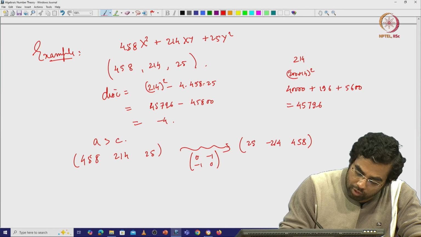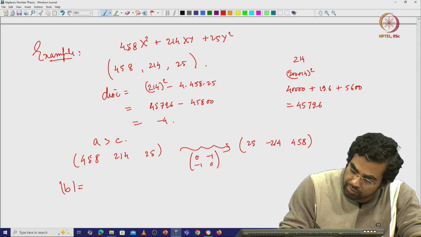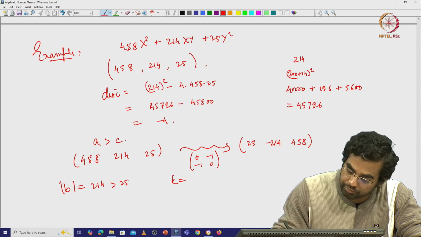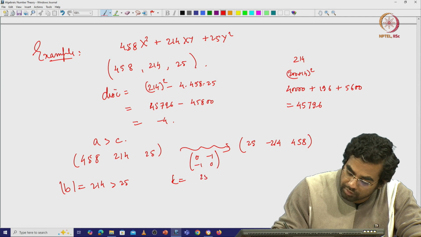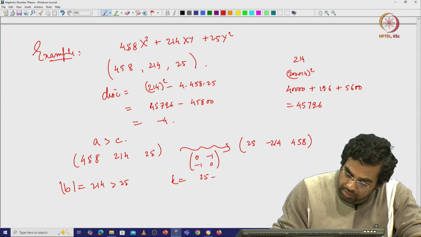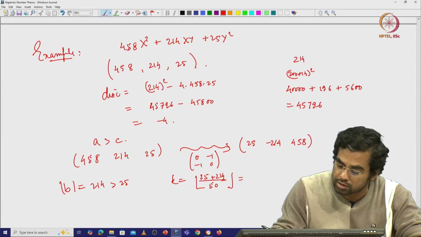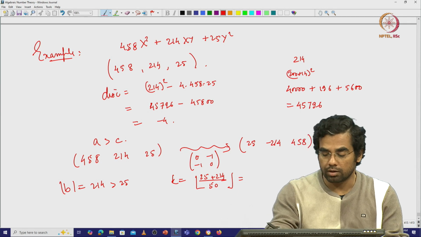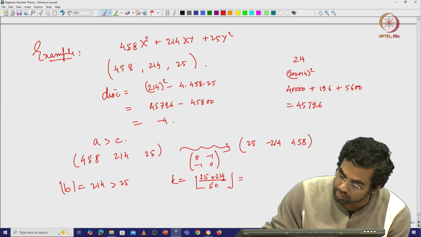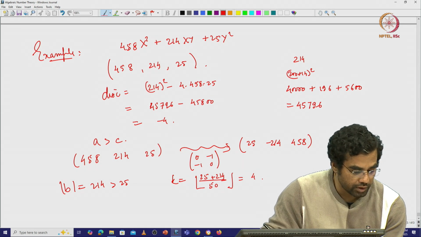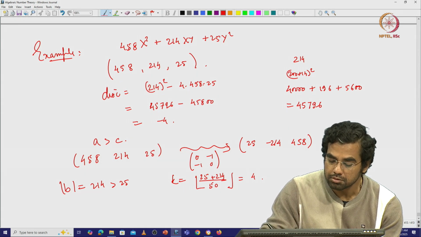But now mod b, which is 214, is bigger than 25. So, you take k to be the floor of (25 minus 214) by 50, which is minus 4. Okay, so we replace that by this.